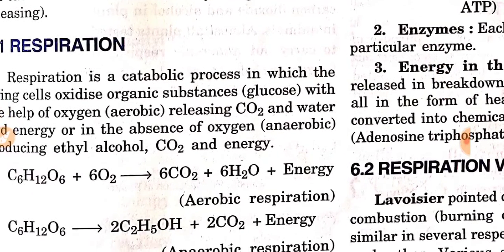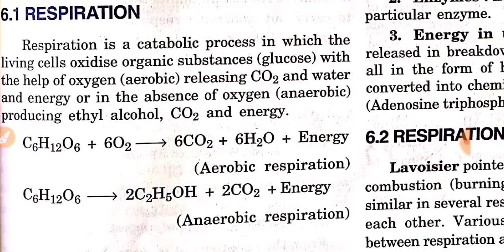So, if we talk about respiration, it is a catabolic process in which the living cells oxidize organic substances like glucose with the help of oxygen. When respiration occurs with the help of oxygen, it is called aerobic, releasing carbon dioxide, water and energy, or in the absence of oxygen, it is anaerobic, producing ethyl alcohol, CO2 and energy.